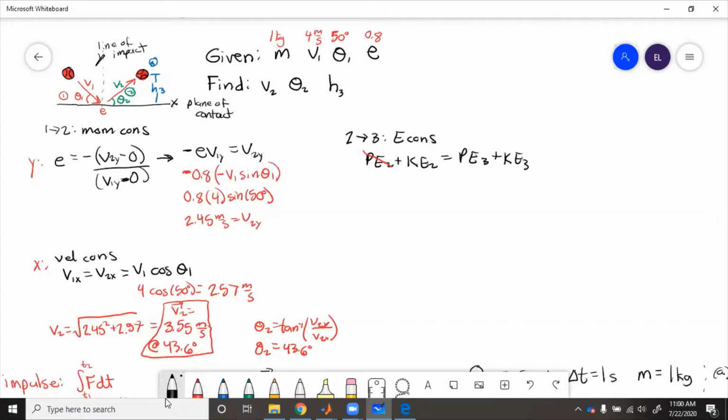So then 1/2 mv2 squared equals mgh3 plus 1/2 mv3 squared. But we know that v3 equals only horizontal. So v1x also equals v2x, which equals what we found down here, that 2.57.